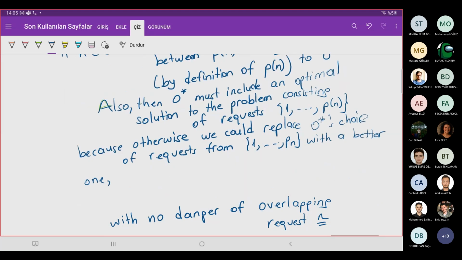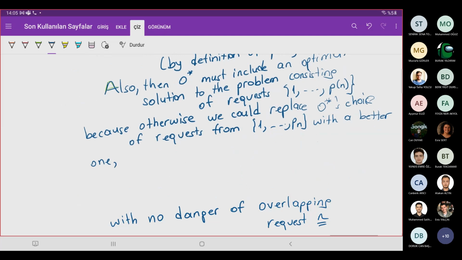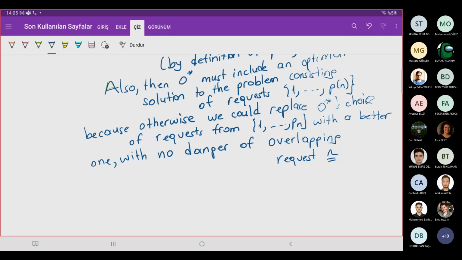If it's not in the optimum solution, then it's even easier. Then I just solve the same problem for requests 1, 2, up to n minus 1. Okay.